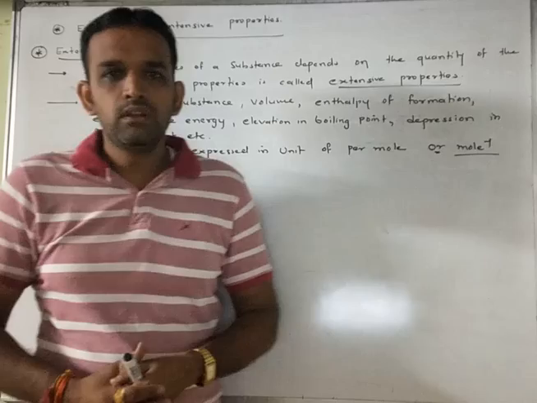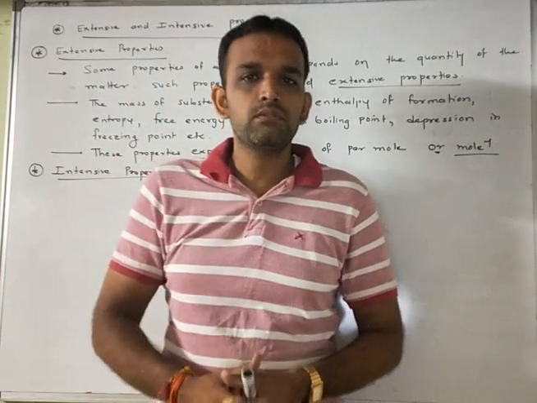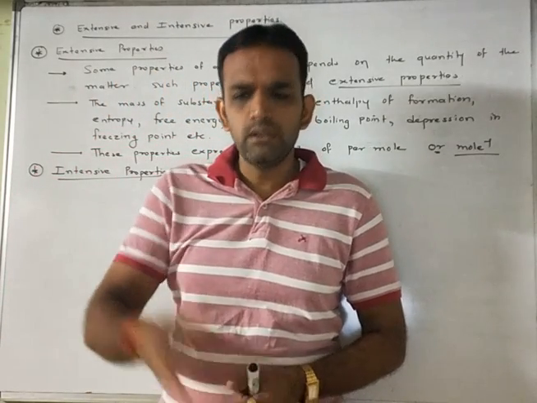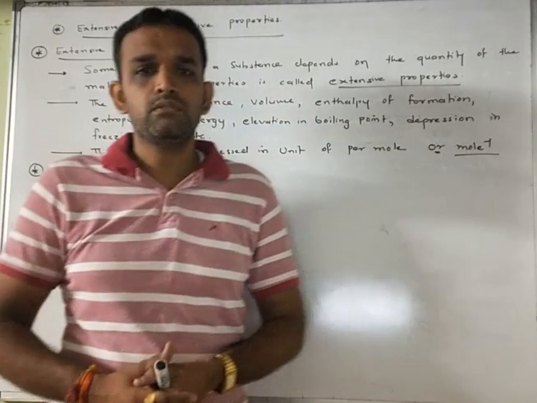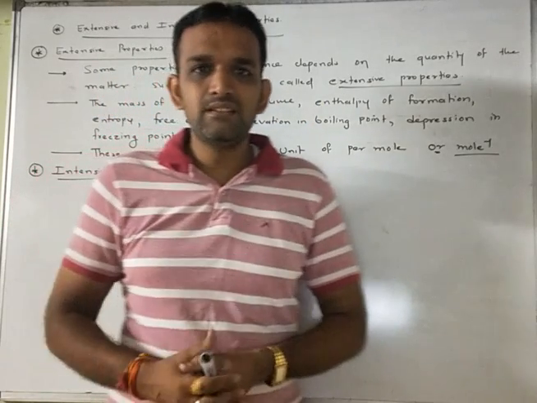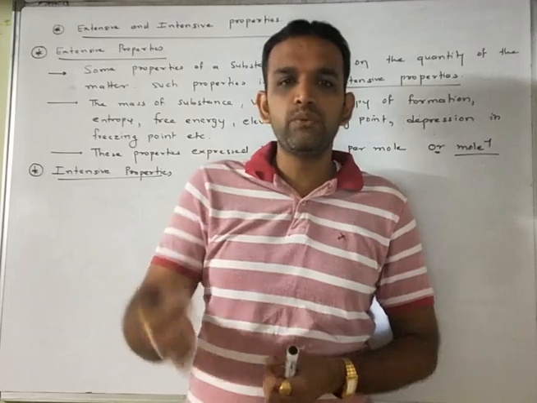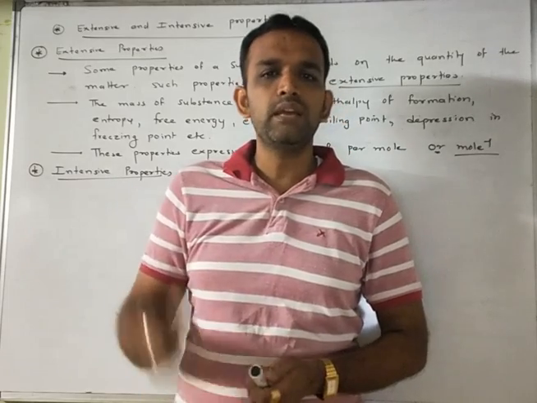For example, the melting point of any solid. तो सभी solid का melting point same नहीं होगा, but that depends upon their structure, right? Then density, then boiling point of liquid, conductivity, all these are the intensive properties.